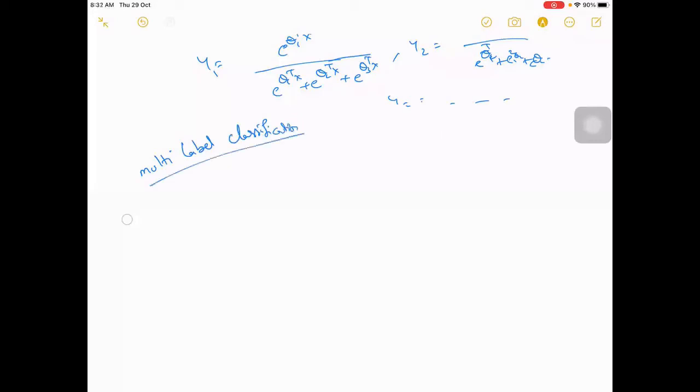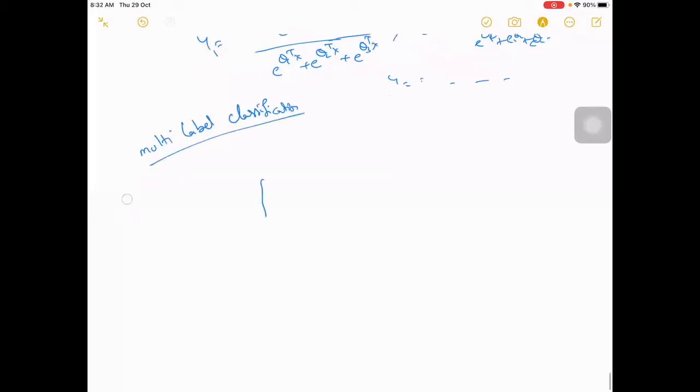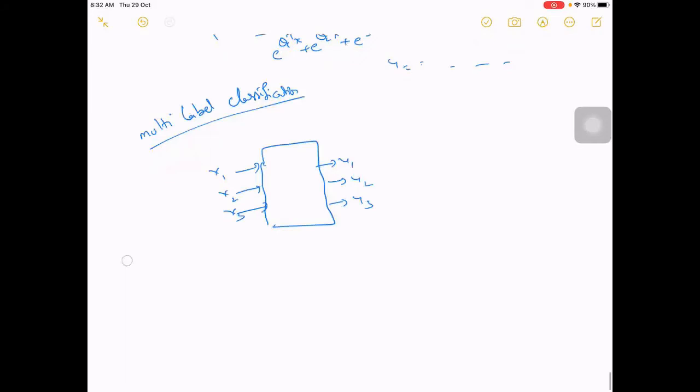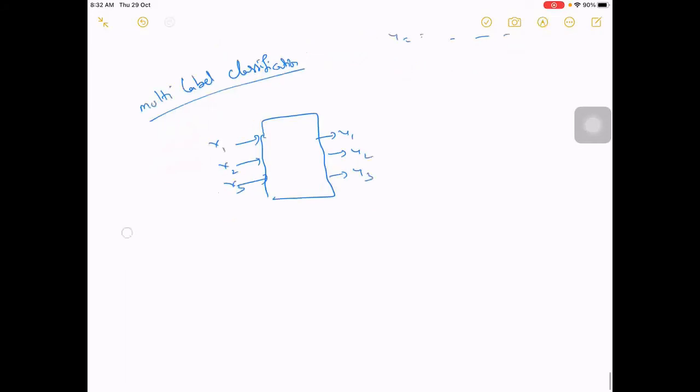So similarly it is also the same, except that there is one major difference. We have y1, y2 similar to multi-class classification, but here each of your y values is different. I can give you a simple example.